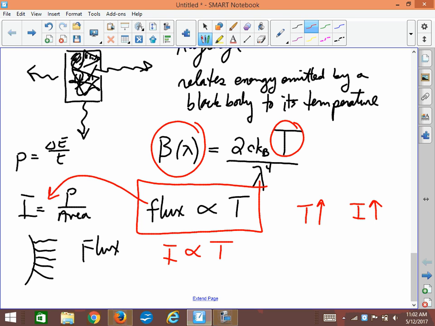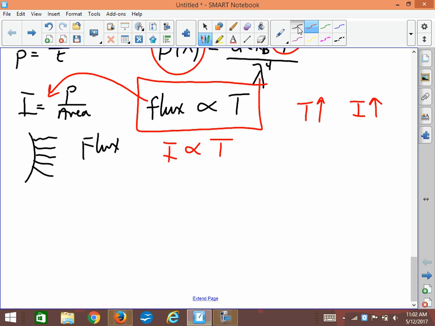Well, there's a small problem with that. If you graph it, you can kind of see it visually. Here's a graph of the Rayleigh-Jeans law. If you graph here flux, or you could put intensity, it's kind of the same thing, with wavelength, you get this curve, which goes something like this.